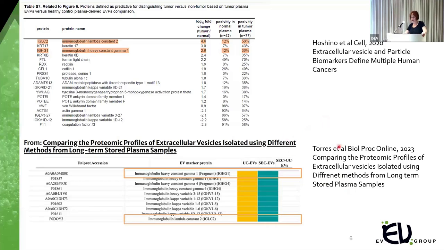In this study, Torres et al. compared three different methodologies to purify the EVs, the very common UC and SEC, and then combining SEC with UC. You can see that these two immunoglobulin IgG subunits were lost when isolating with SEC and UC. So you might also be losing some of your biomarker capacity if you go for very pure EVs. This is just food for thought.